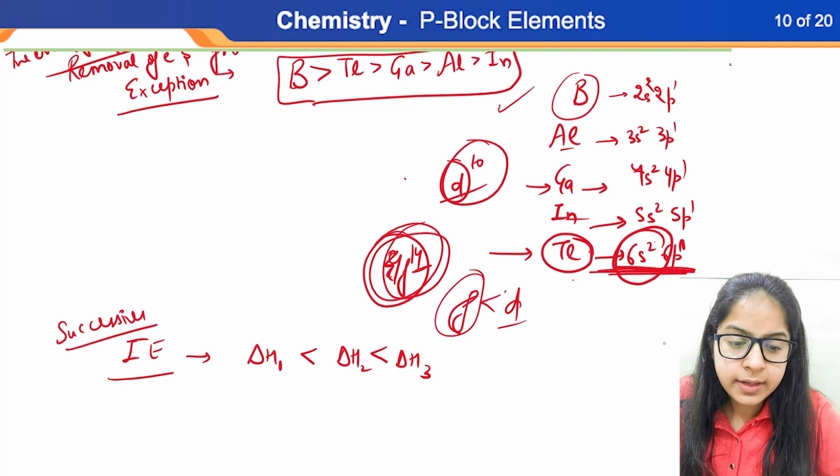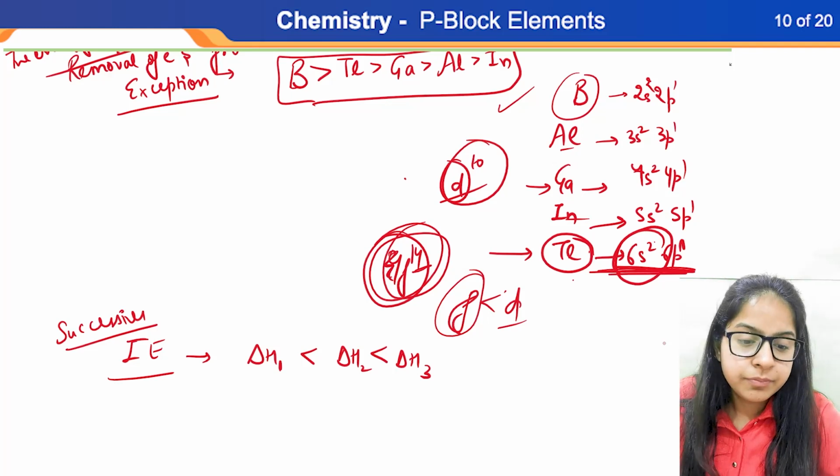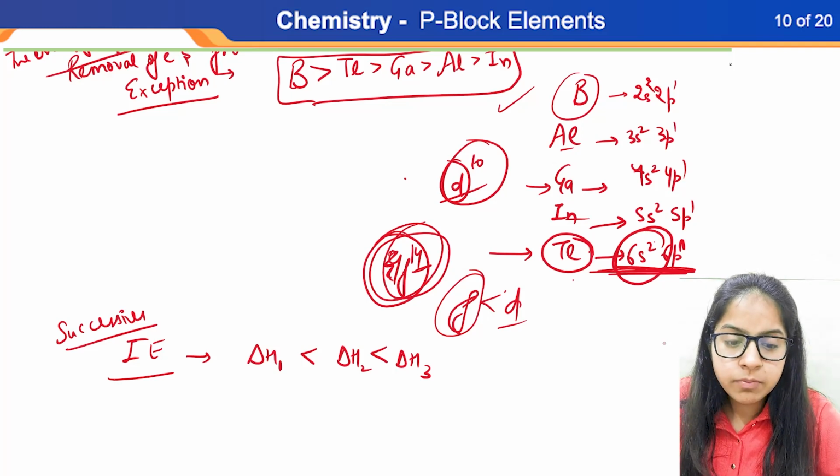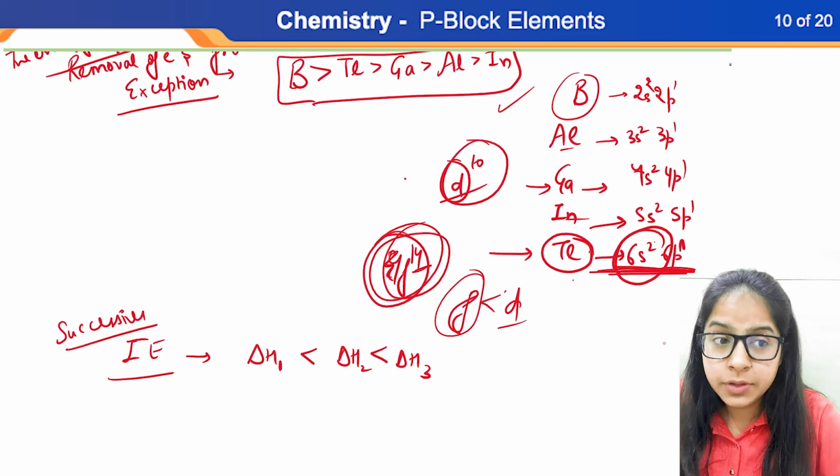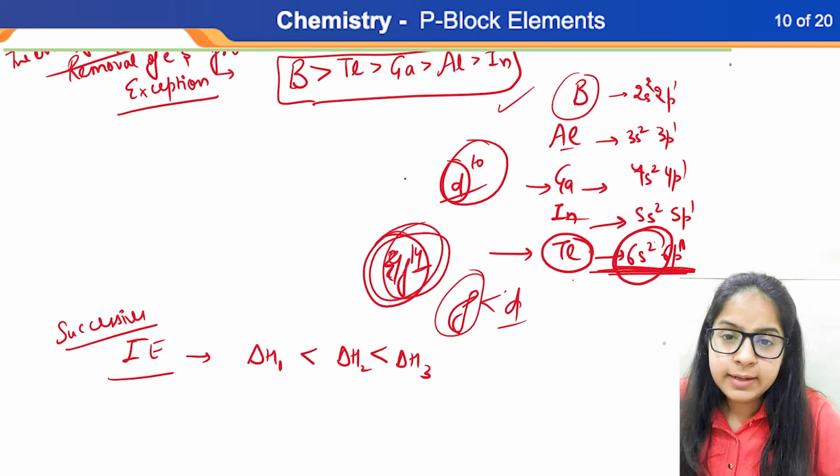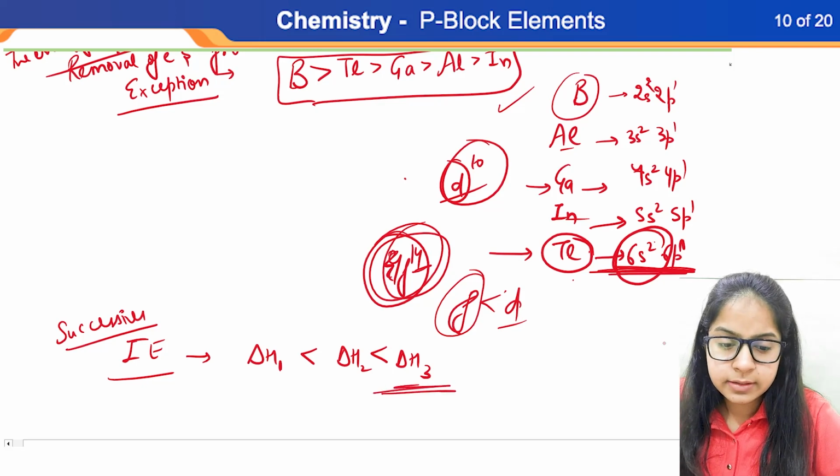Why? Because as we are forming more and more cationic species, there is more effect of the nucleus on fewer electrons. That's why this is going to increase.